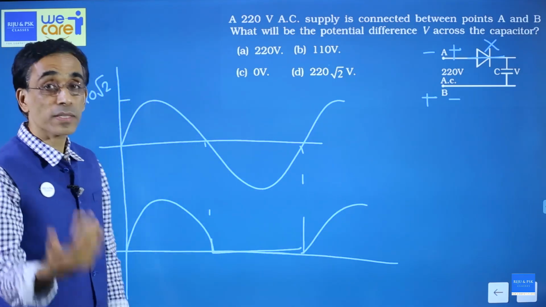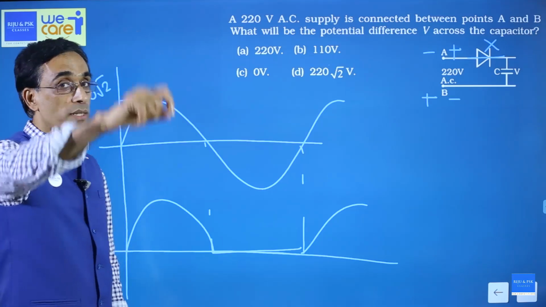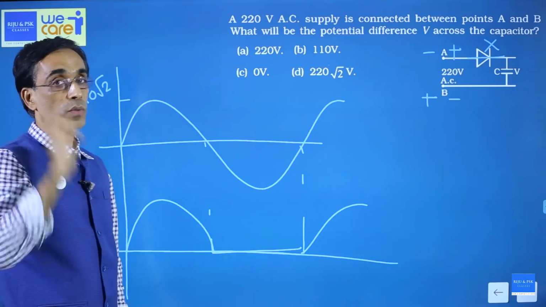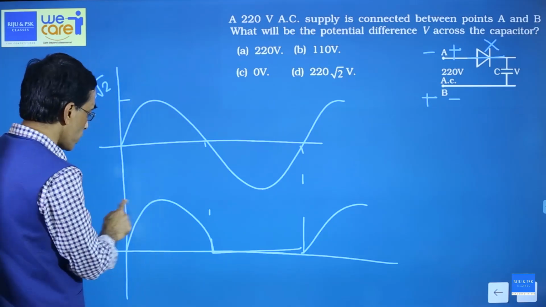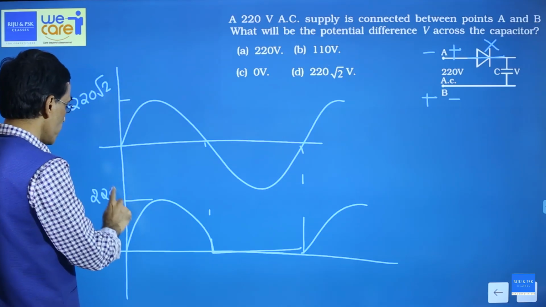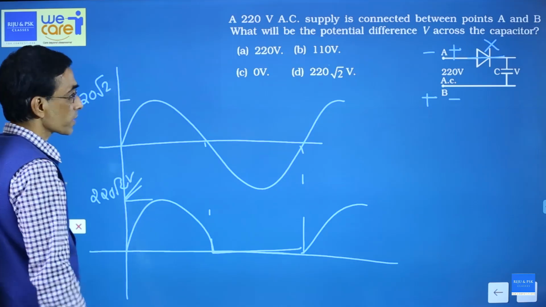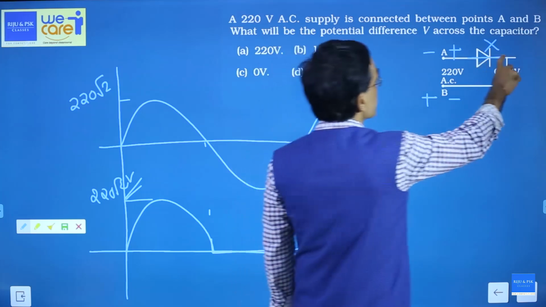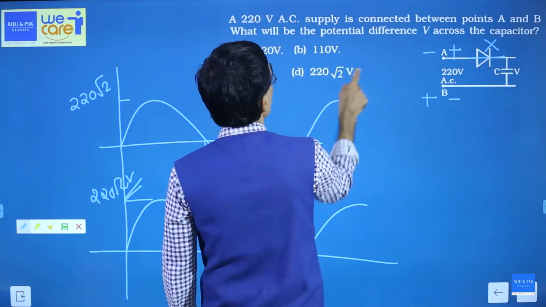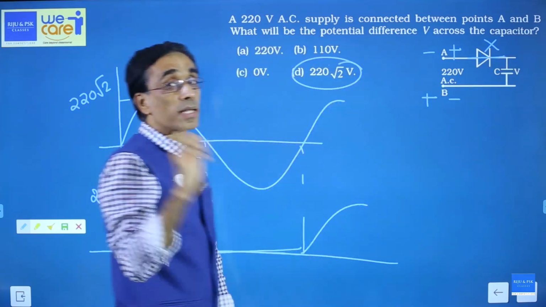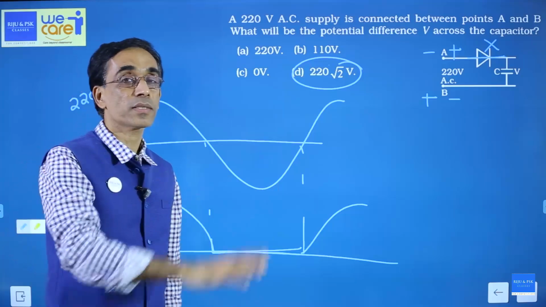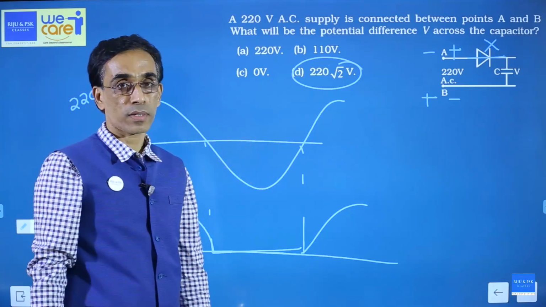And what will the capacitor do? The capacitor will charge to the maximum value of the input voltage, and the input voltage has got a maximum value of 220 root 2 volt. So the capacitor will charge to 220 root 2. This is actually the capacitor filter that you discussed with the full wave rectifier.